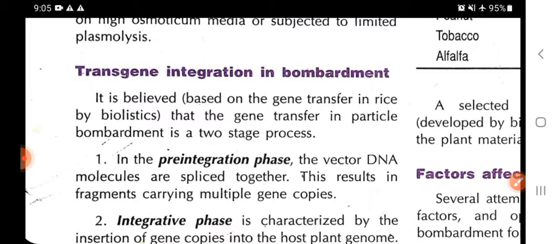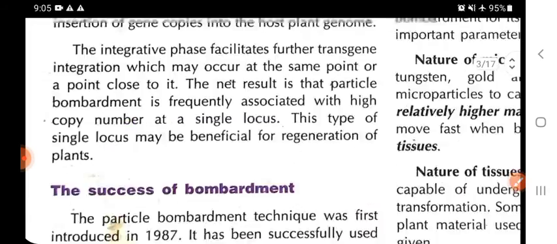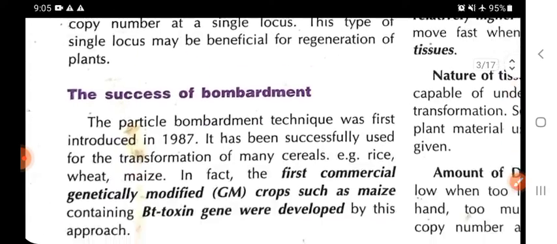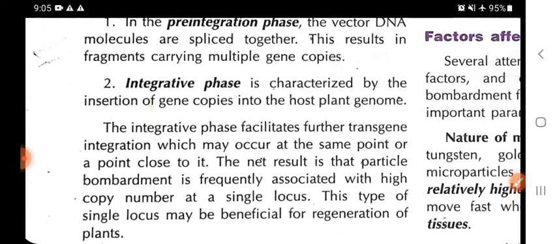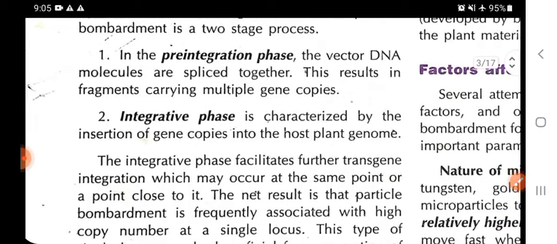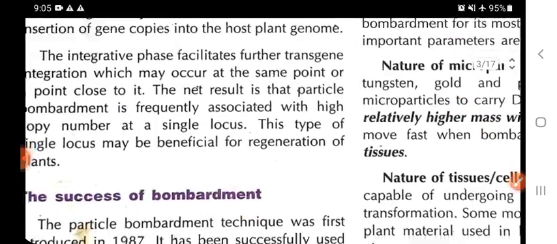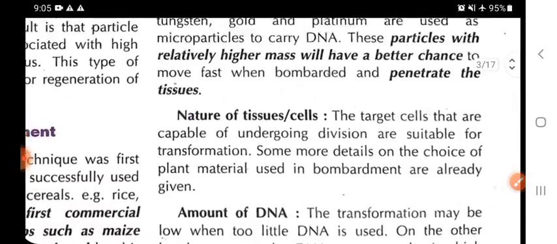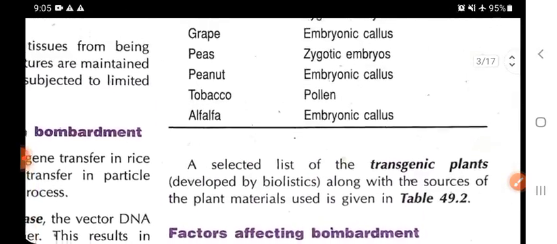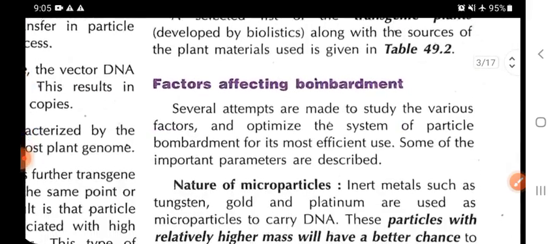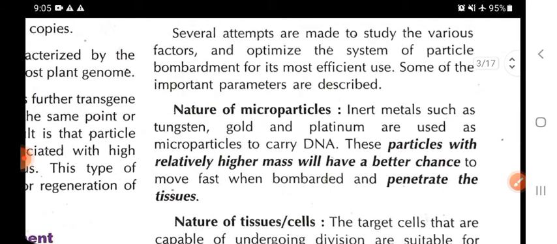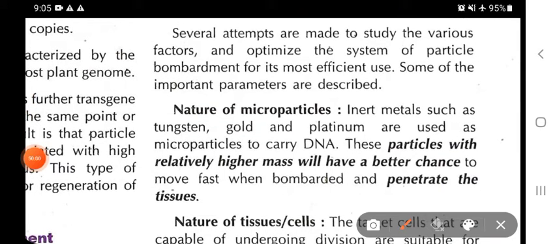Okay, so there are various factors for the success of this particle bombardment, and in many ways particle bombardment can be improved, and there are various factors which affect it, like for example the nature of microparticles. The microprojectiles that we are using for particle bombardment are very important.